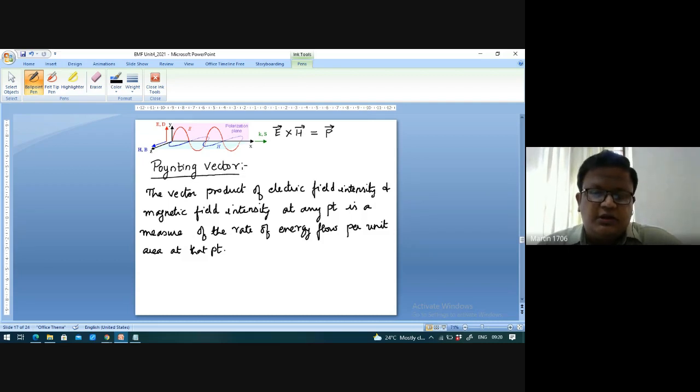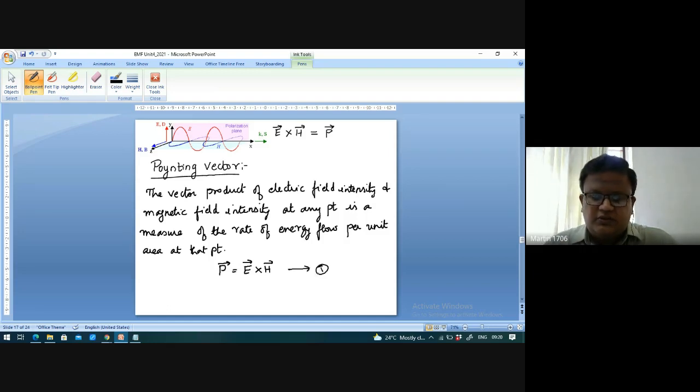The vector product of electric field intensity and the magnetic field intensity at any point is a measure of the rate of energy flow per unit area at that point. So this is what we have given. So P is equal to E cross H.